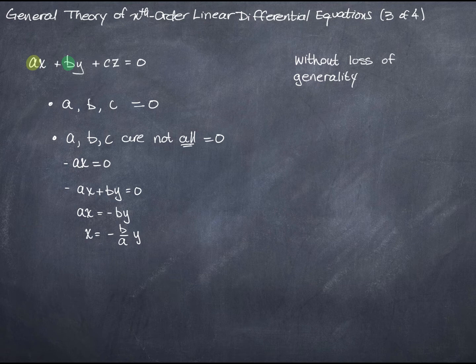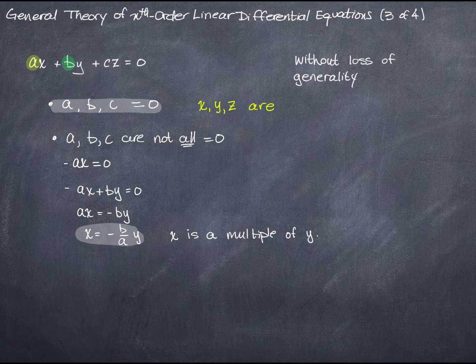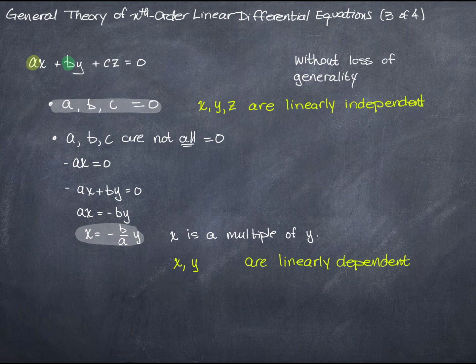And so these are the two things that we're really interested in here: A, B, and C are all 0, or two of them are not 0, and in that case, one can be written as a constant multiple of another. In the first case, we say that x, y, and z are linearly independent. And in the other case down here, we say that x and y are linearly dependent.